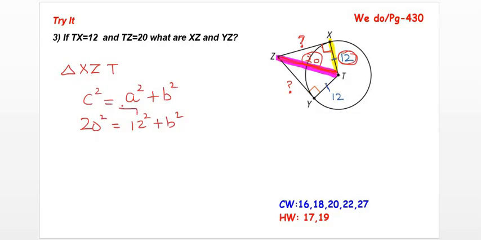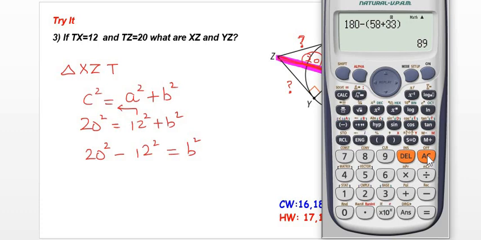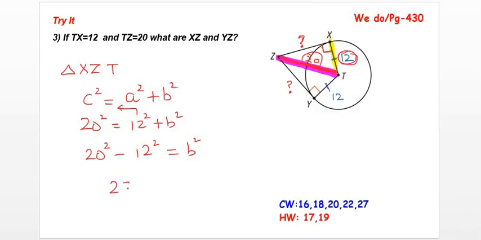Now you can move 12 squared to the other side, so you will have 20 squared minus 12 squared equals b squared. Let's put it on the calculator and see what we get. 20 squared minus 12 squared is giving us 256. So 256 equals b squared.